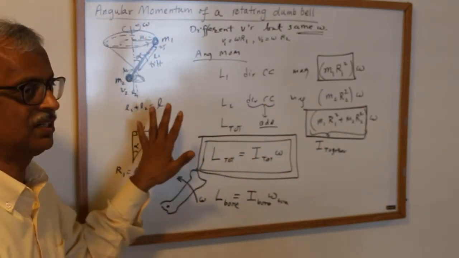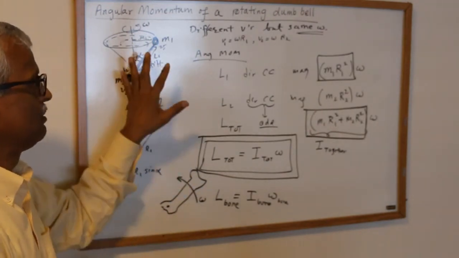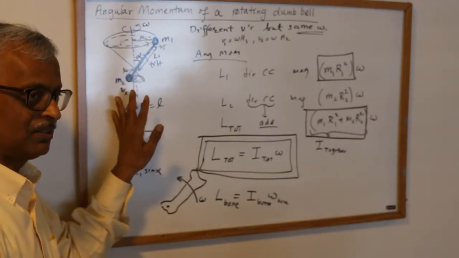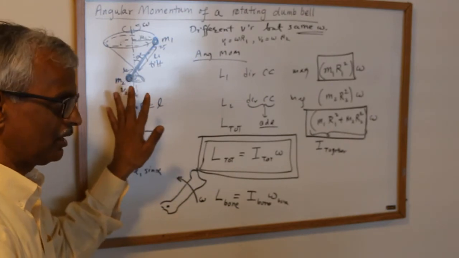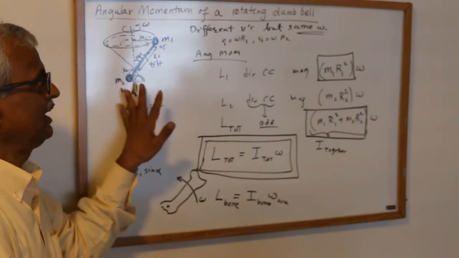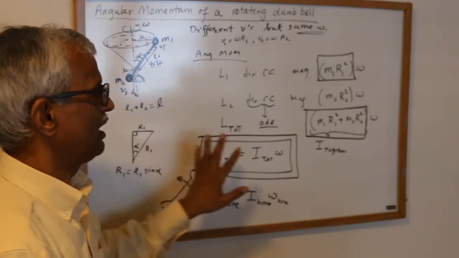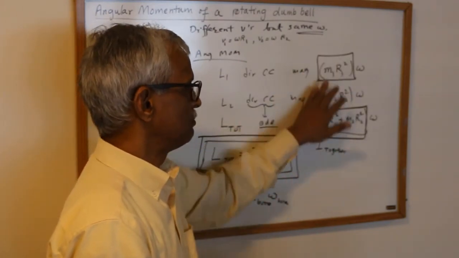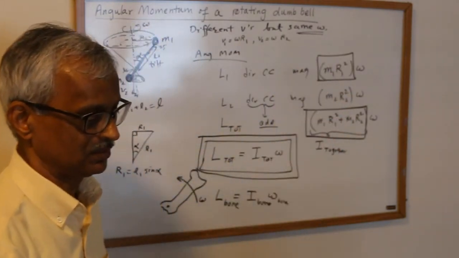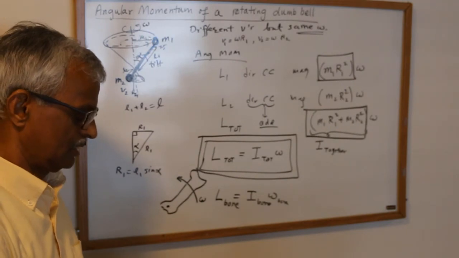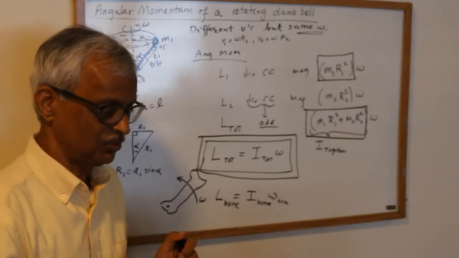This example illustrates a two particle system, but you can think about 4 particles, 6 particles, n particle systems. So next video we'll look at calculating moment of inertia in various situations. So I stop here, and I will see you in the next video.